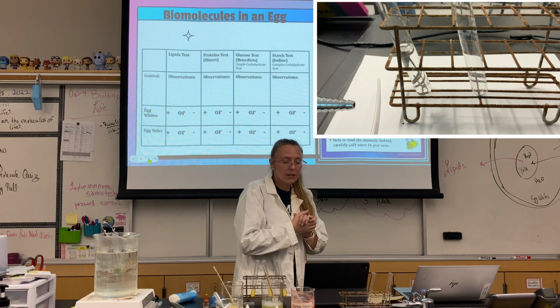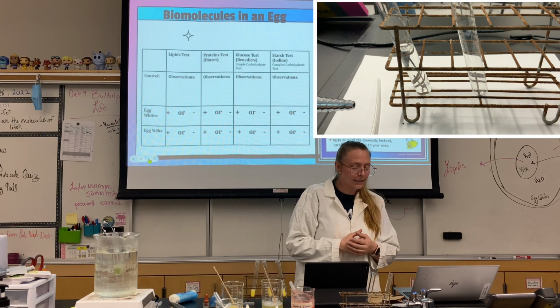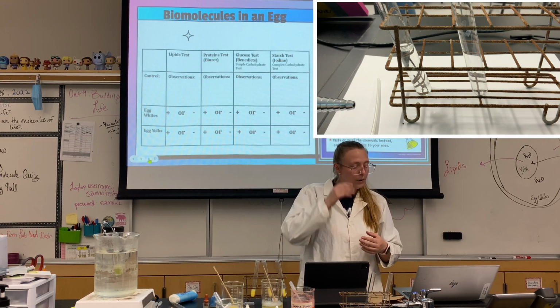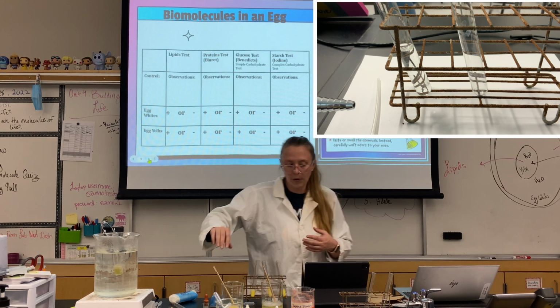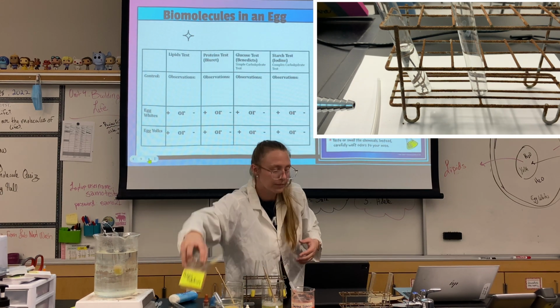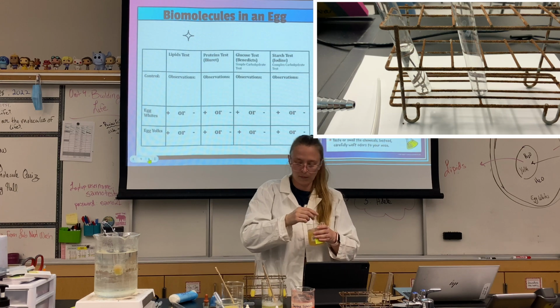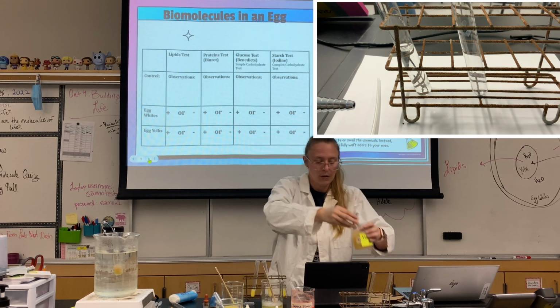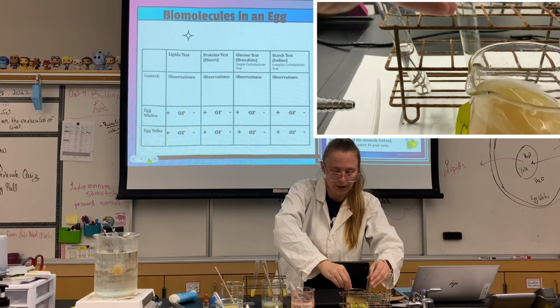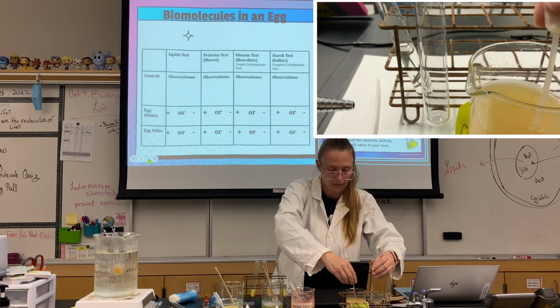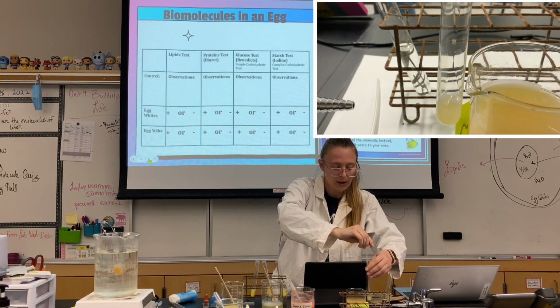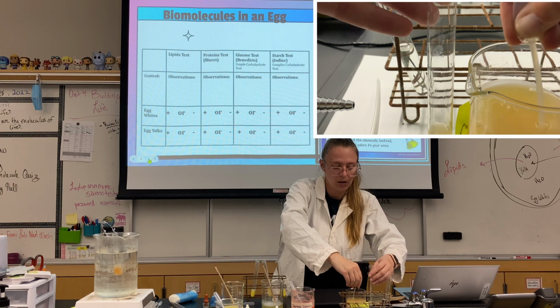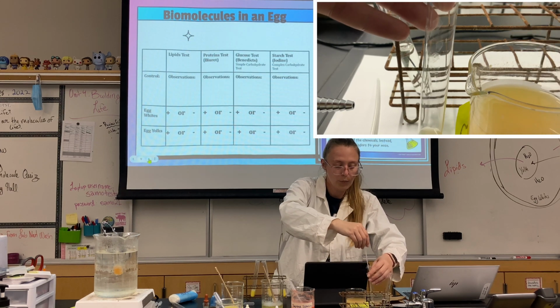Okay, so then let's go ahead and test our proteins. We've got protein here, and we're going to put this in a test tube as well. The protein test, we're testing it with a biuret solution.